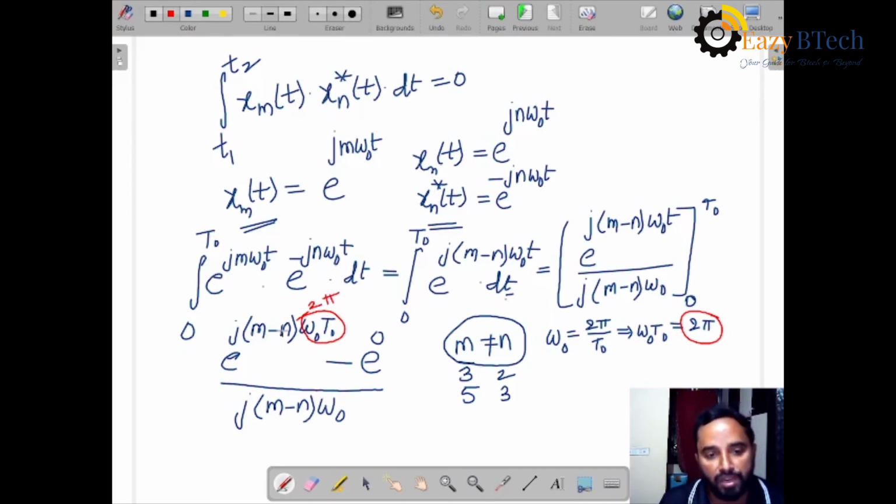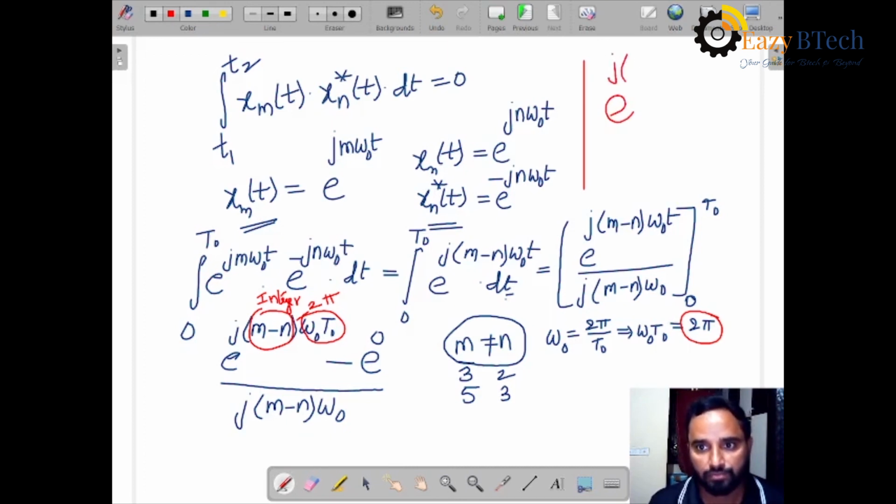And m minus n will become an integer, maybe 2 or 3 or 4. So e power j m minus n times 2 pi. This total is always 1, because it is like e power j theta.